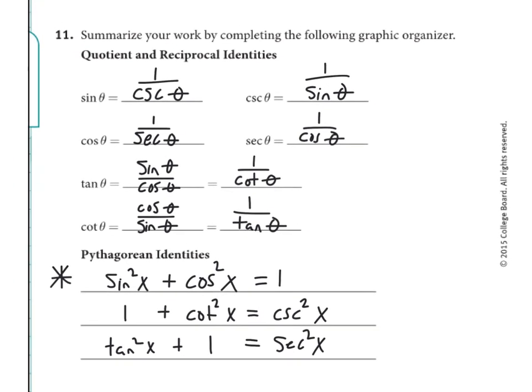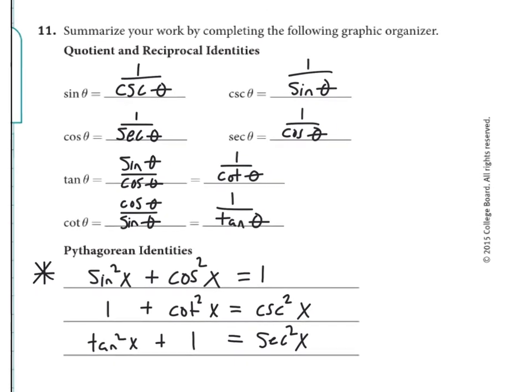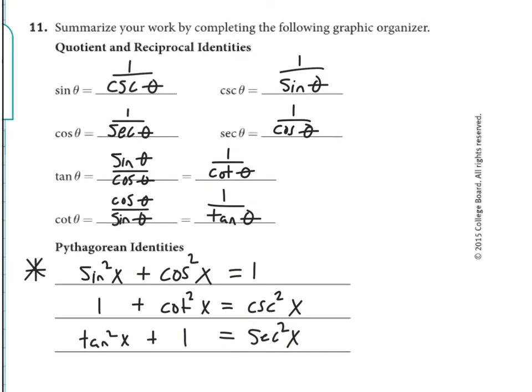Now again, there are going to be different arrangements, different orders of these things. For example, from this first one, let me rewrite the original: sine squared plus cosine squared equals 1.